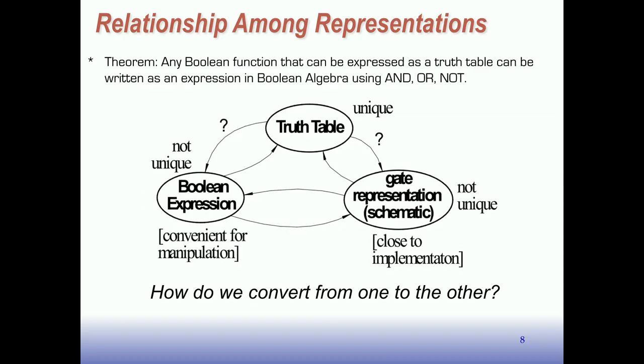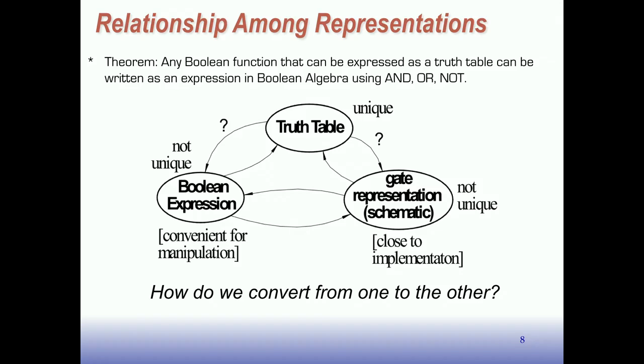All right, so how do we convert from one to the other? It seems like it would be a good thing to know how to do. Well, some of this is easy. I've drawn all these links, so there are 6 links here moving from one bubble to the other.